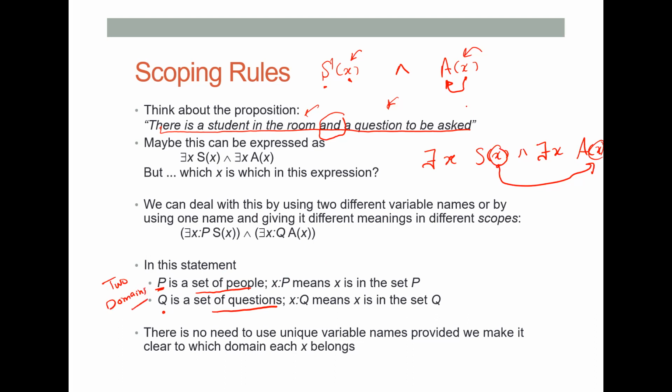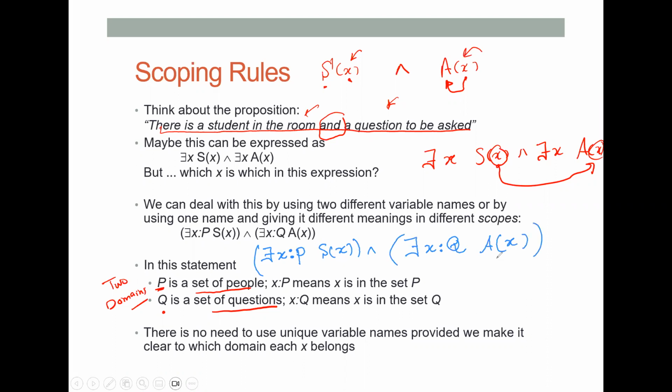And now the modeling would be a little bit different: there exists X from the domain P where this X is a student, and there exists X from the set of questions where this question will be asked.